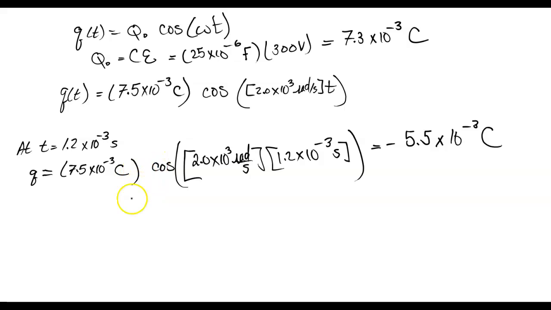And if we know the function for the charge, then the current is dq dt, which in this case becomes minus omega q naught sine of omega t.